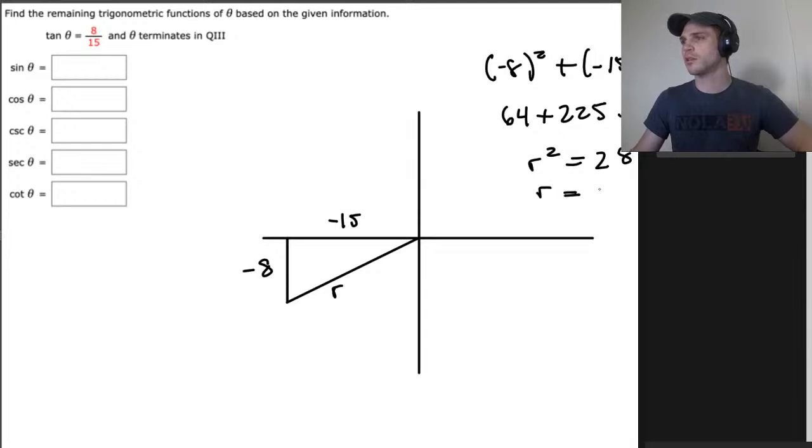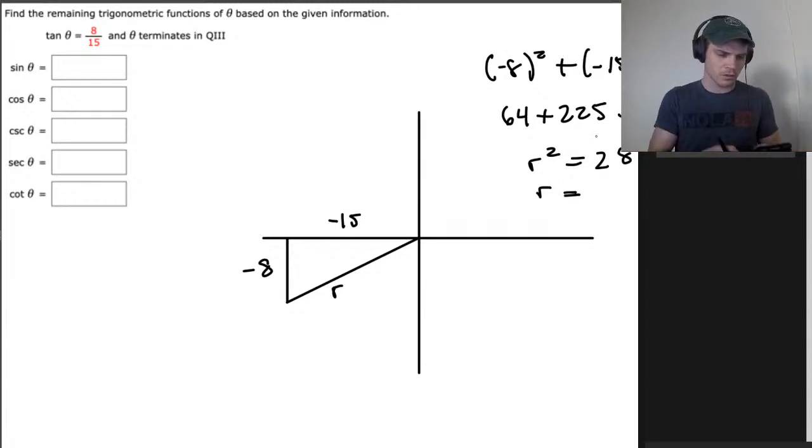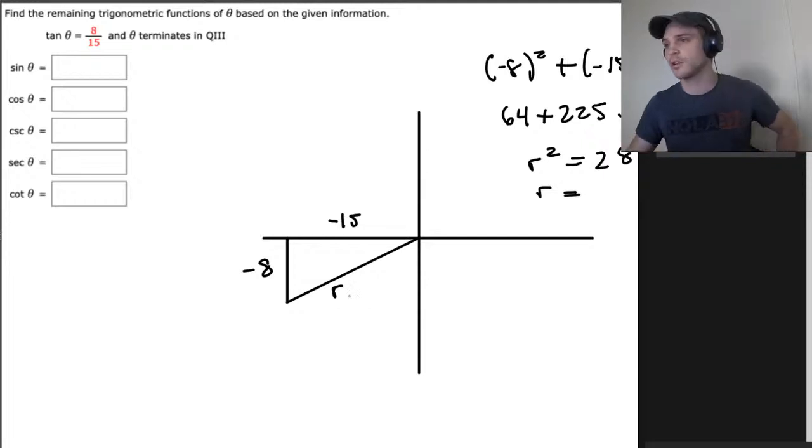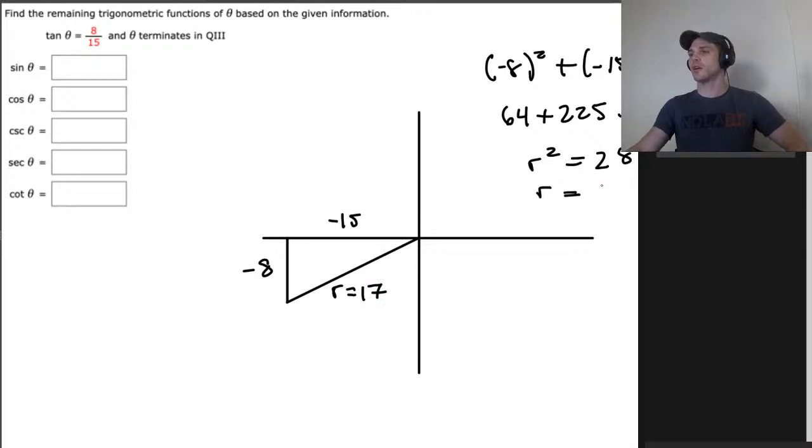And then r equals the square root of that, which is 17. Okay, so we found all 3 sides of this triangle.